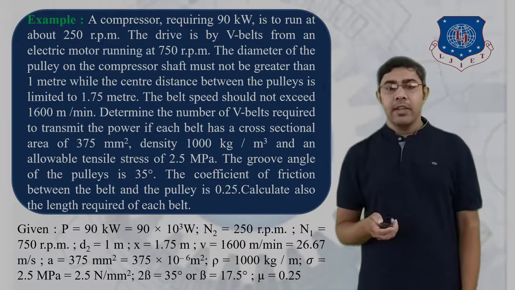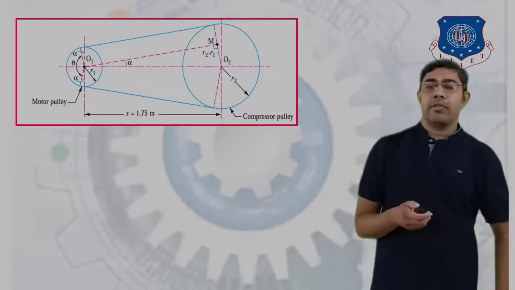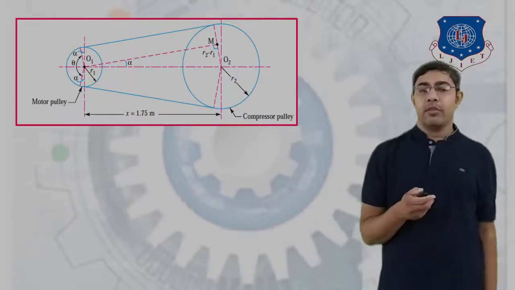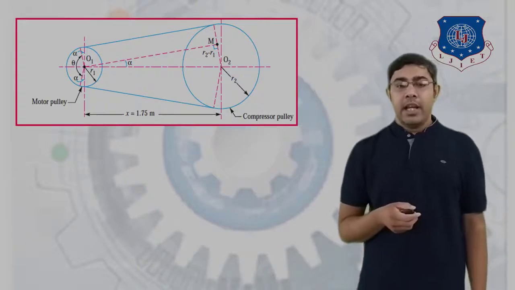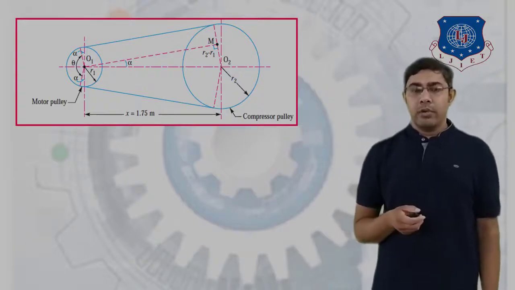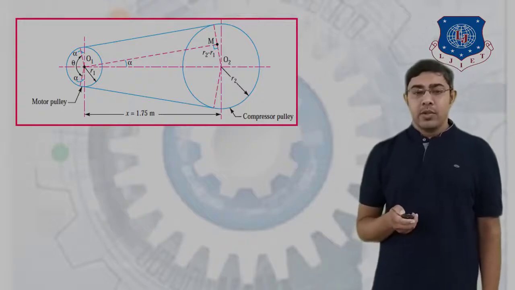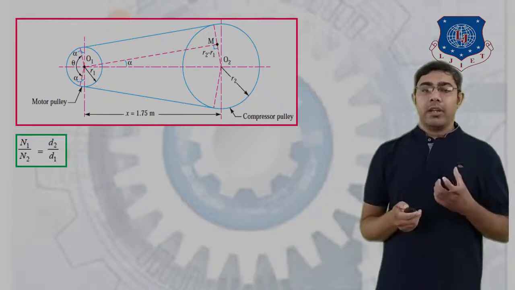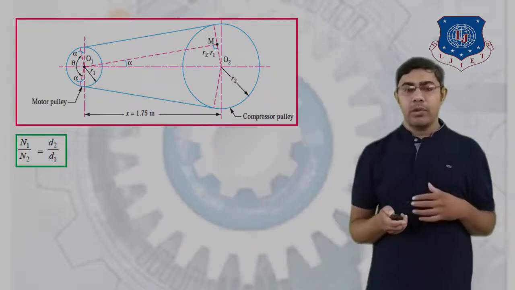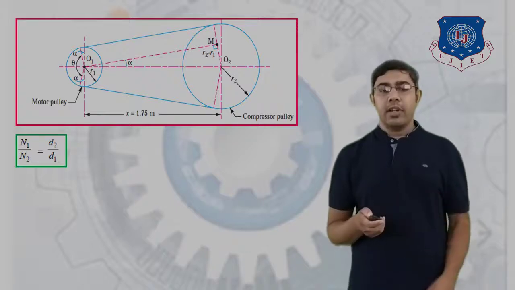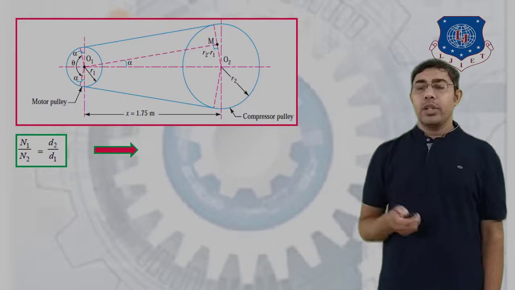So consider first the given configuration of the V-belt drive according to our problem. Here X is 1.75 meters, R1 is the motor pulley radius, and R2 is the compressor pulley radius. We first have to calculate the diameter of the motor pulley. Here N1 upon N2 is equal to D2 upon D1.